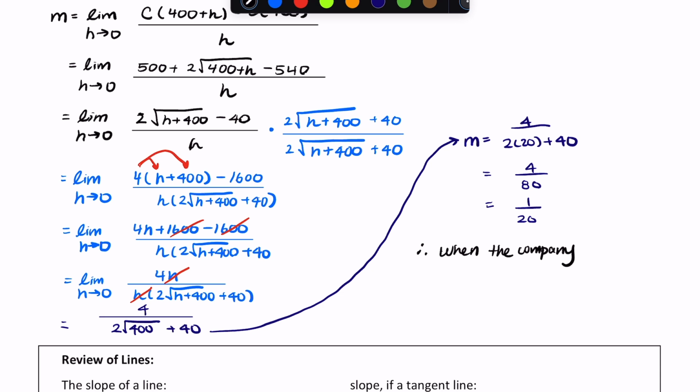Therefore, when the company publishes 400 catalogs, the cost increases by 1/20 of a dollar per catalog.